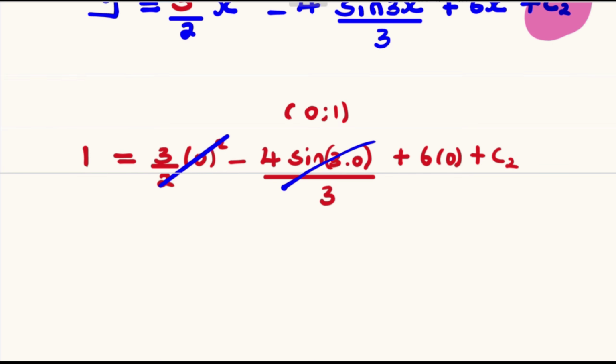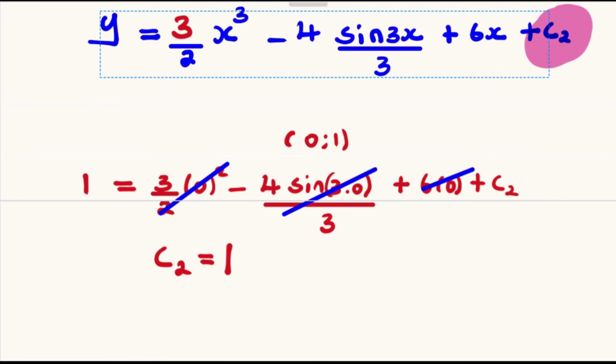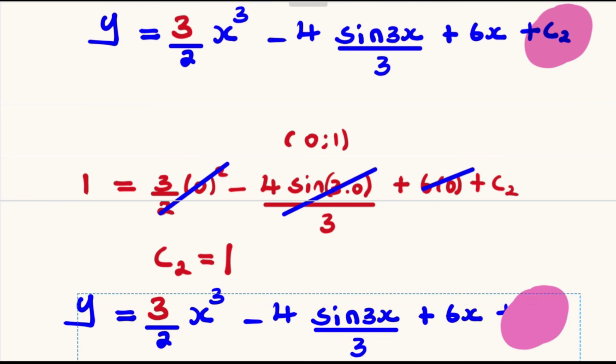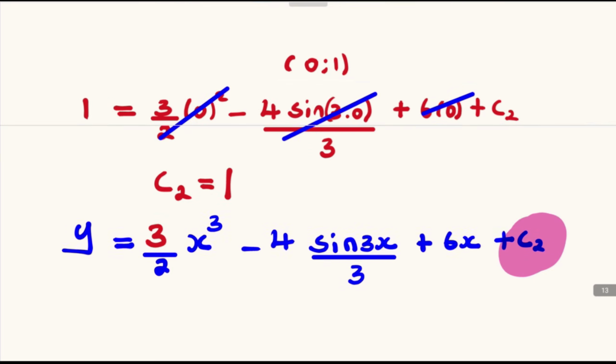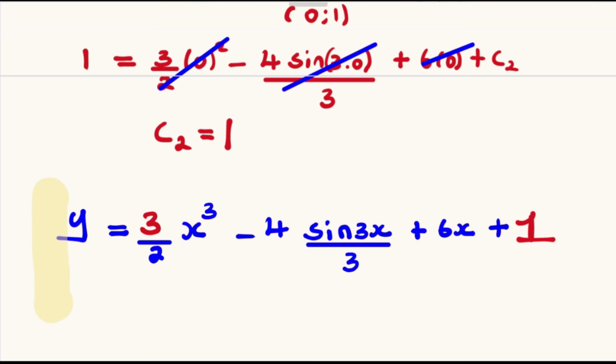So that will cancel, and that will also cancel out, such that the numerical value of c2 will be equal to 1. So in the place of the c2, we go right ahead and substitute the 1. And this will be our answer for the last question.